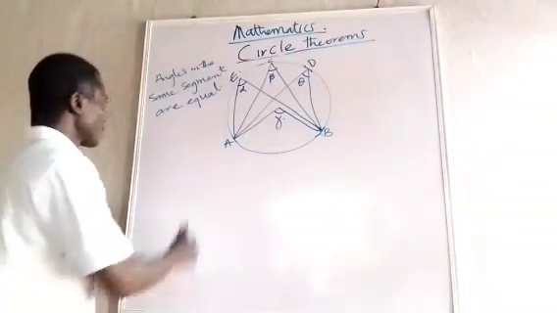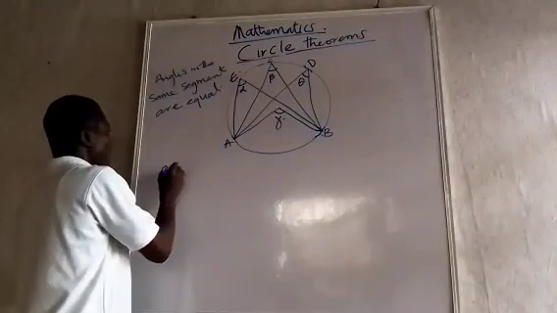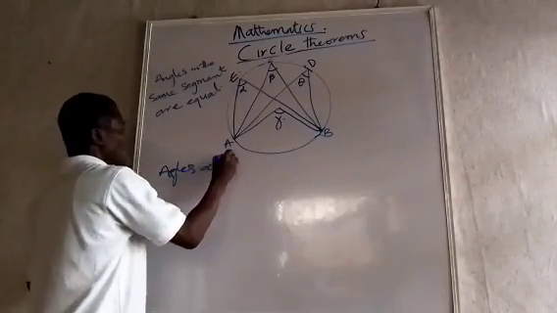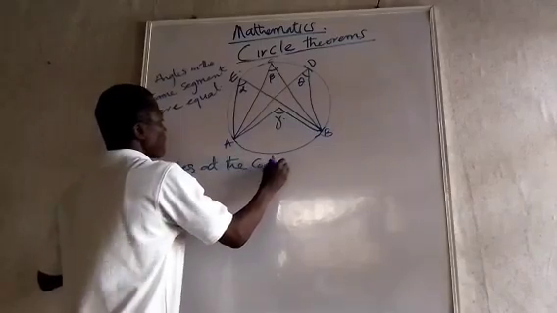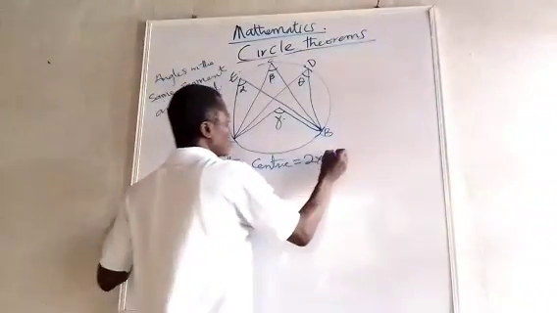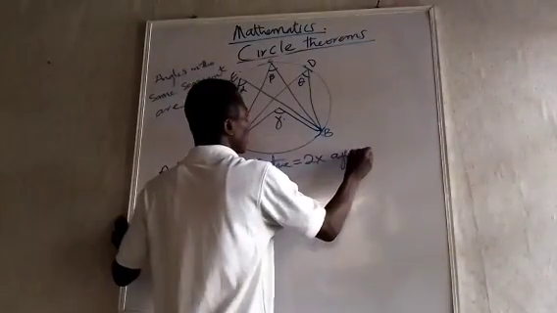From our knowledge, the angle at the center is equal to 2 times the angle at the circumference.